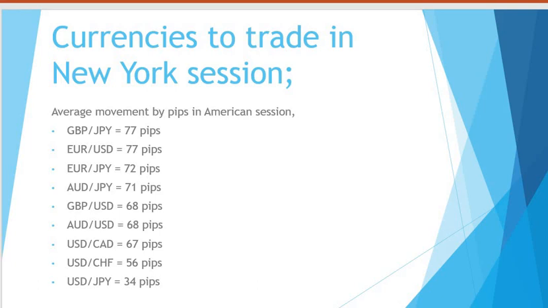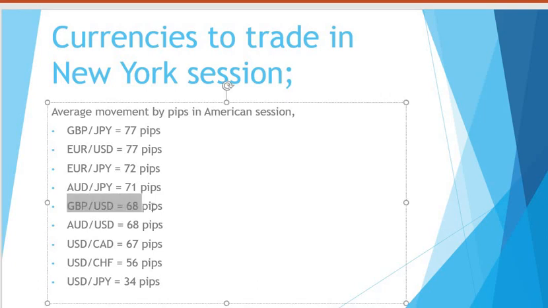But still, they have a volatile movement in the American session. On the fifth position, there comes the Great British Pound and United States dollar pair, which moves almost 68 pips. Then AUD USD also moves the same as GBP USD, which is 68 pips by movement.